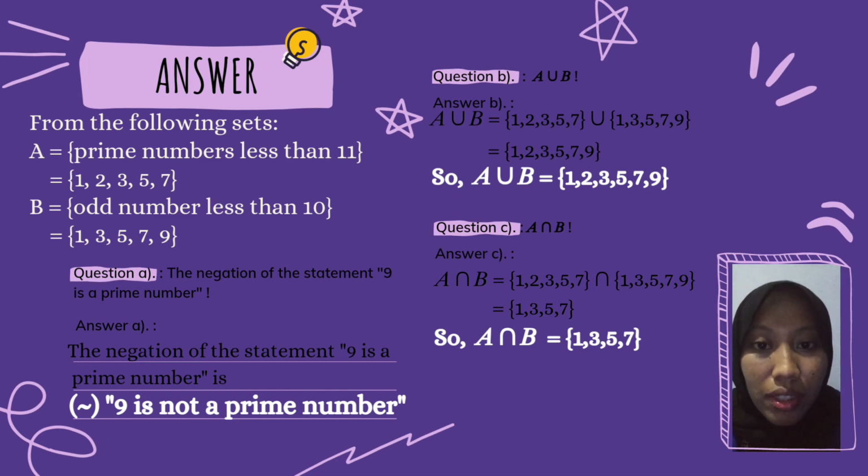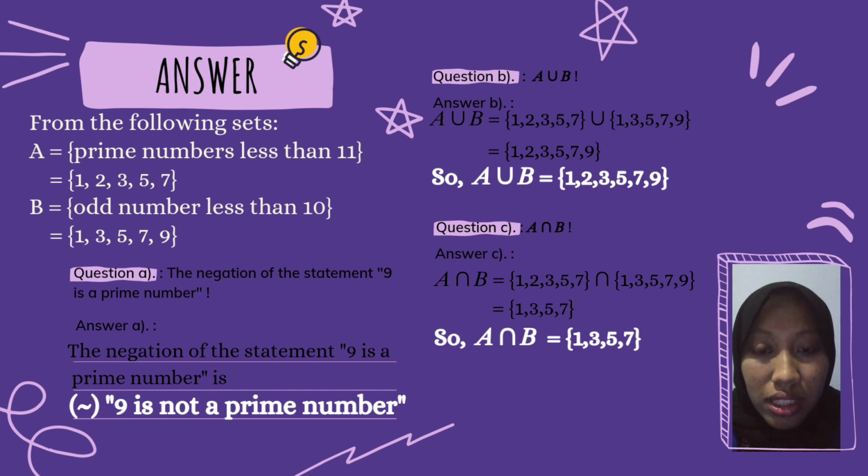For question B, A union B, the answer is A union B is equal to 1, 2, 3, 5, 7 union 1, 3, 5, 7, 9, which is equal to 1, 2, 3, 5, 7, and 9.